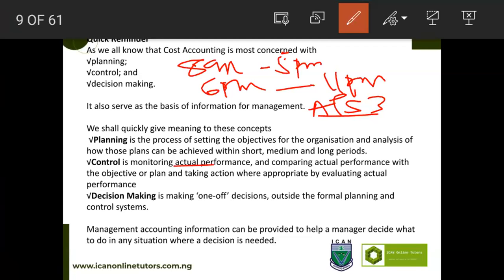And decision making is a one-off thing, and it aids your activities. Decision making has to do with whether to do something or not to do it. And every management accounting information is actually provided to assist you, to assist me, to assist the manager, to decide what to do in any situation where a decision is needed.